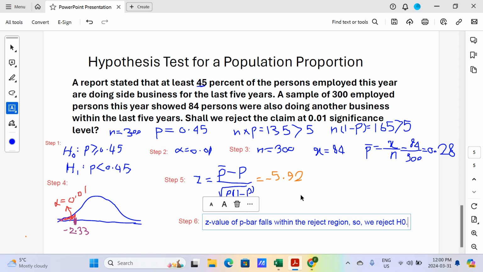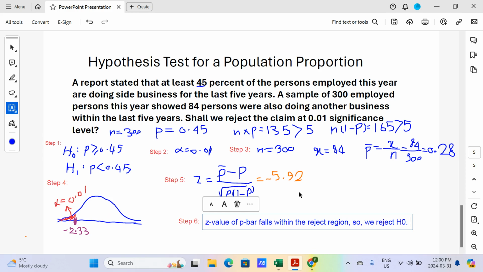H0 was the claim in the question. So we reject H0. When we reject H0, what is the conclusion here? This claim, that at least 45% of the persons employed this year are doing side business for the last 5 years, is not correct.